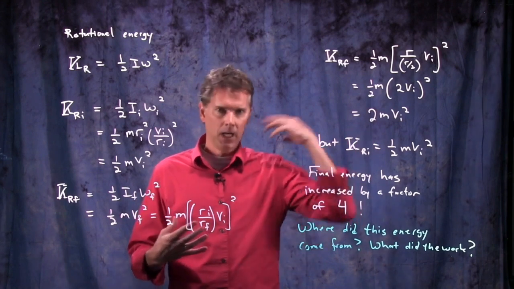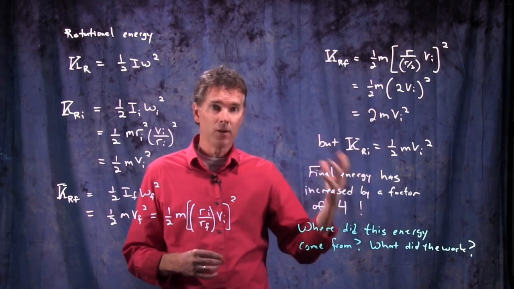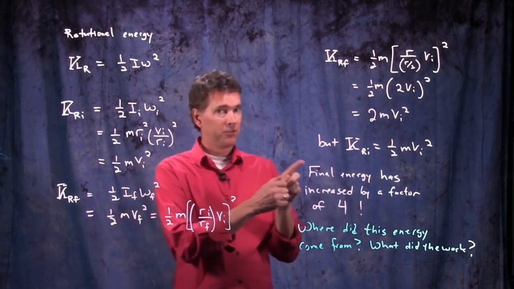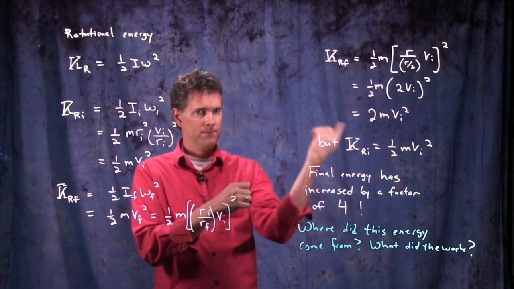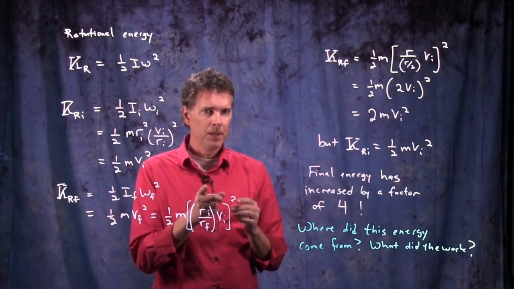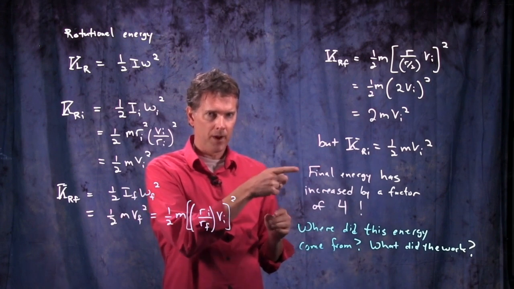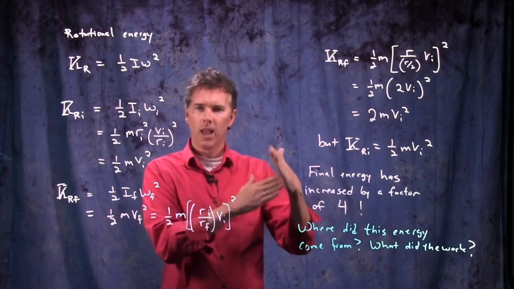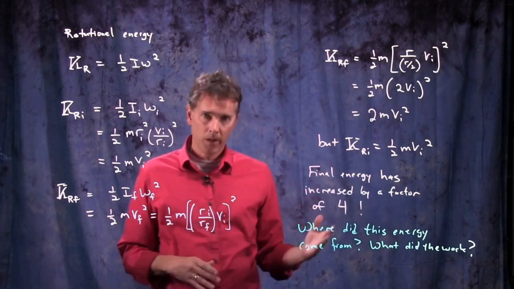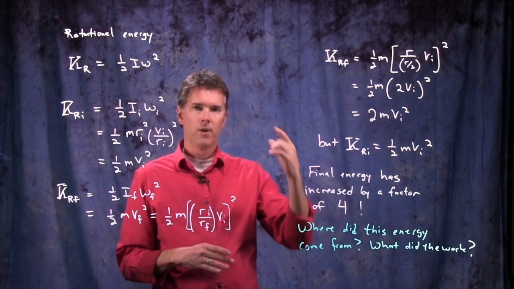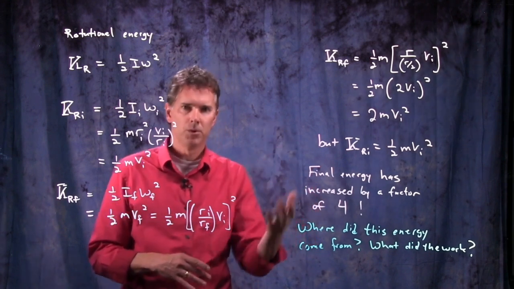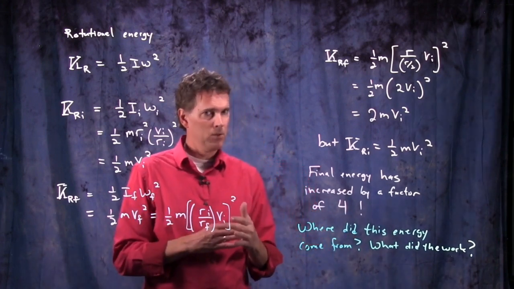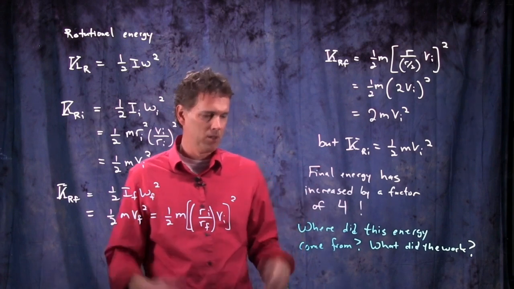So the ball just can't gain energy without something or somebody doing work on it. What did the work? Was it the string as it went around? Probably not, because the tension in the string is always at a right angle to the velocity. And we know if tension and velocity are at right angles, you can't do any work, right? Because you have that cosine of the angle between them. The angle between them is 90 degrees. Cosine of 90 degrees is 0. So the string didn't do the work. Something else must have done the work.